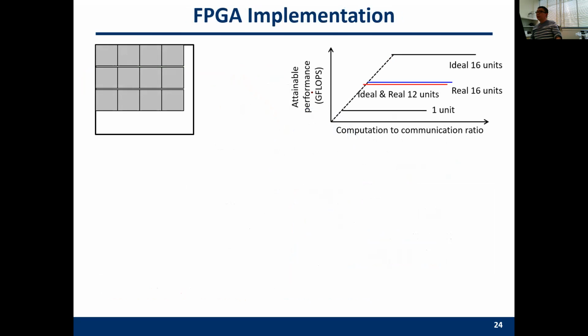In this example, we can see that neither a small number nor a very large number of MAC units is good. A reasonable number can achieve the best performance because you need to wisely use the FPGA resources to serve as the MAC units and the on-chip buffer.